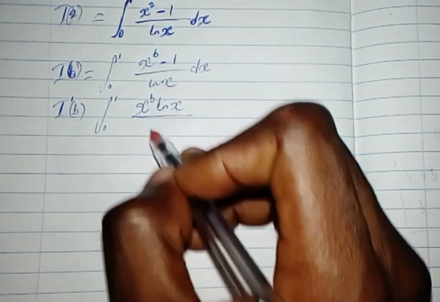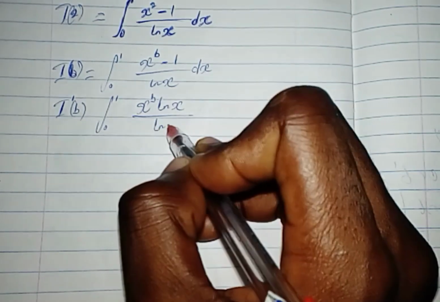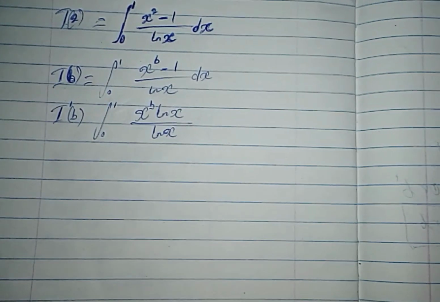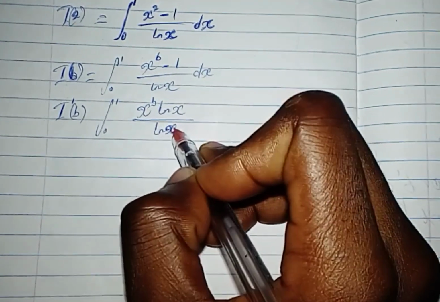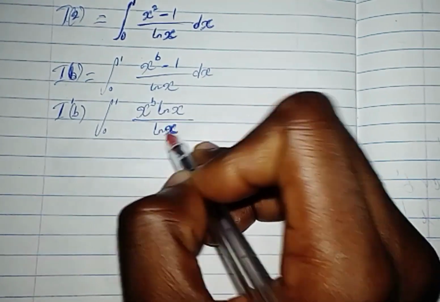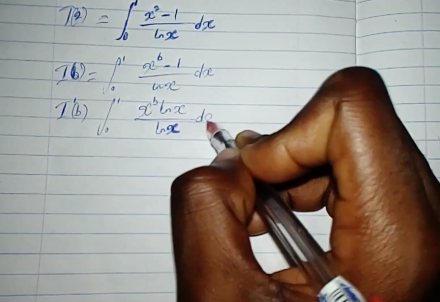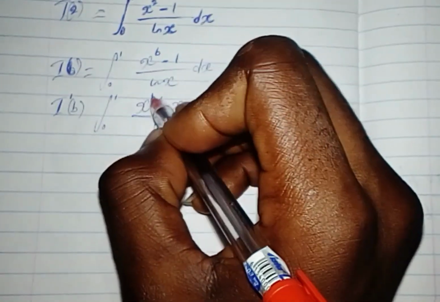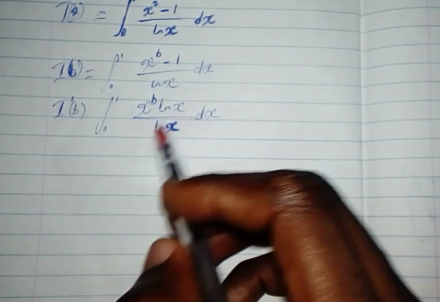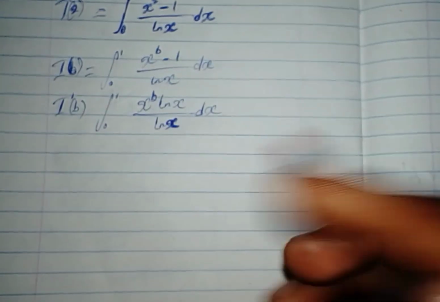But don't forget to keep the ln x at the denominator, since differentiation allows us to leave the denominator alone if it is a constant. So this is our dx. Now we notice that these cancel out easily.